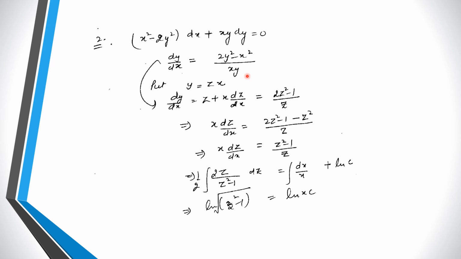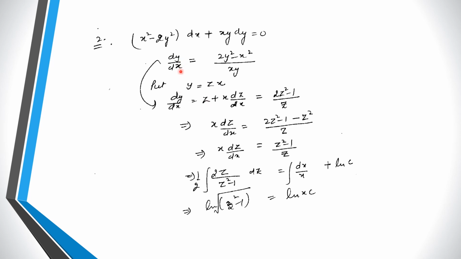Now just see what is the degree of the numerator. It is 2. Similarly, the degree of the denominator is 2. So both these functions have the same degree. Therefore, we can substitute y to be z into x. Now convert this differential equation into variable separable after transforming y in terms of z.